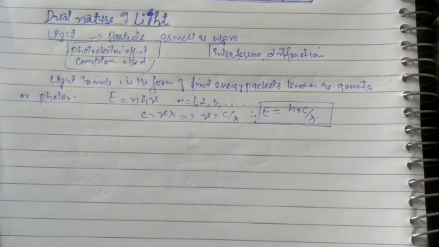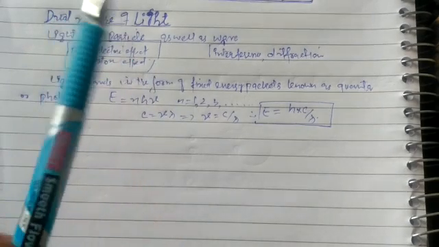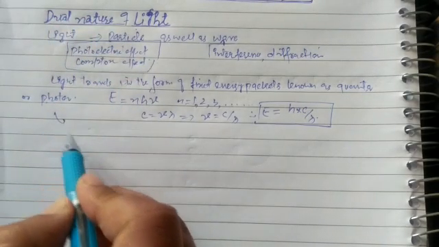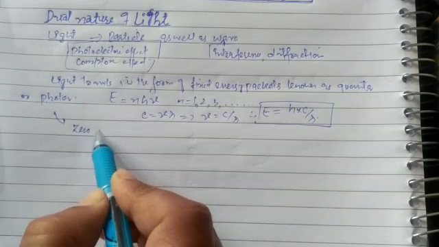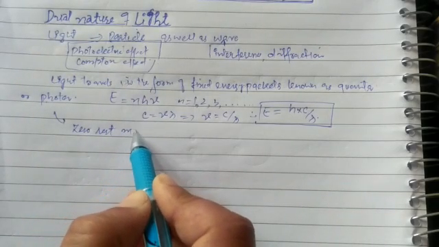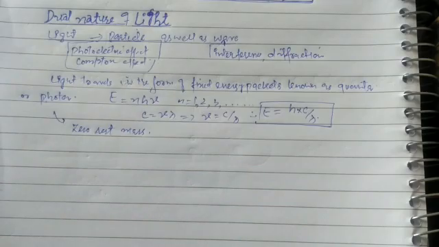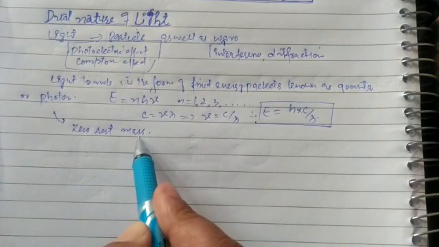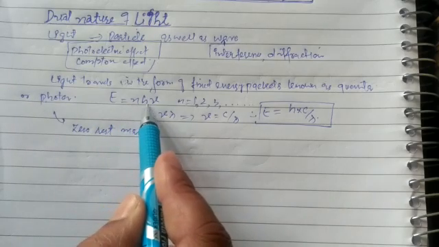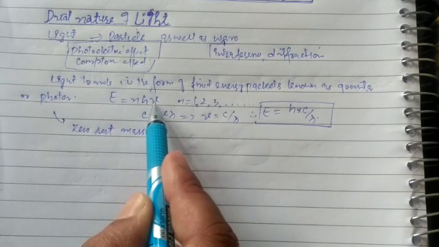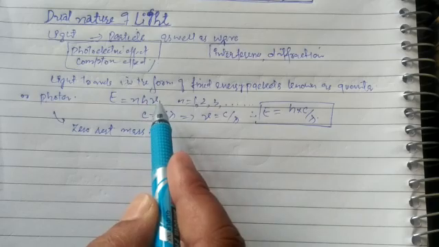Now, a photon is a quantum of energy which has zero rest mass. By zero rest mass, that means it doesn't come to rest. Its energy is equal to the product of Planck's constant and the frequency of the light.